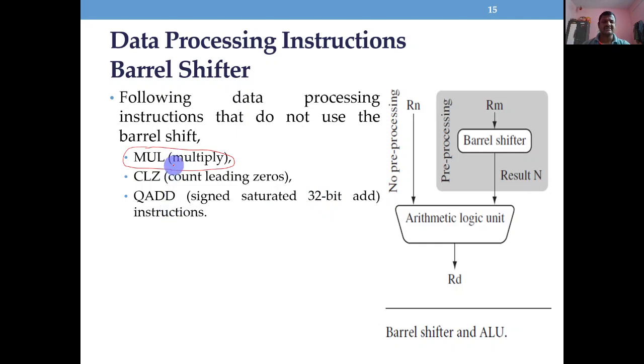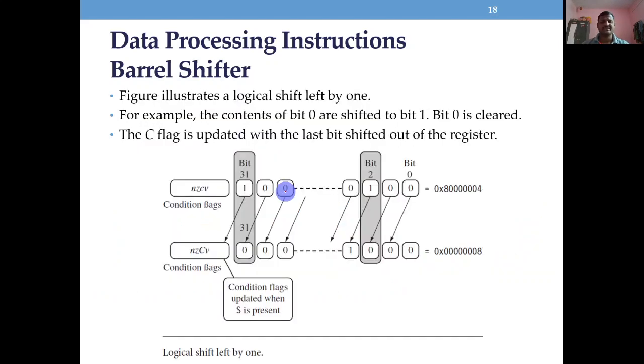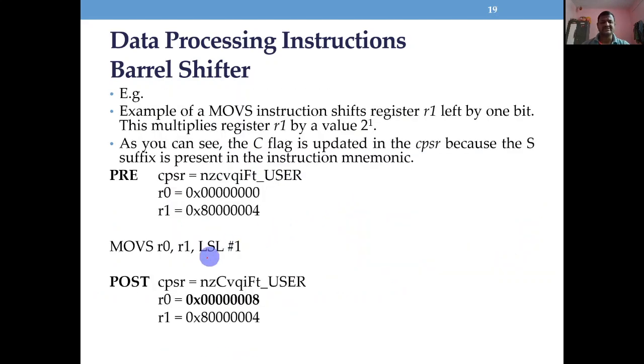These are the barrel shifter operations: logical left shift, logical right shift, arithmetic right shift, rotate right, and rotate right extended. There is no specific hardware for division, because the ARM7 does not have a division instruction.